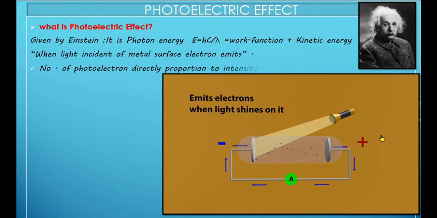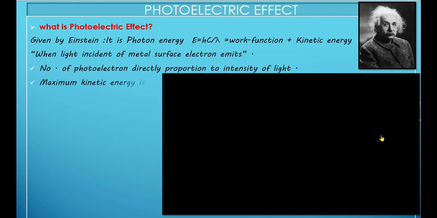Now, the number of photons is directly proportional to the intensity of light. It shows the particle nature of light. But the maximum kinetic energy of the electron depends on the frequency of light.